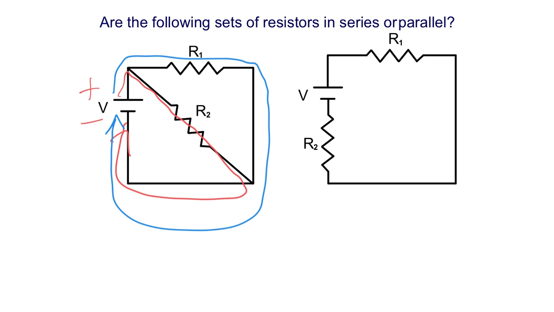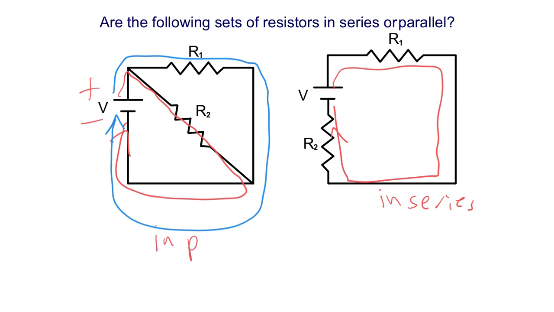All you have to do is find more than one. Okay, how about this one? Obviously the only path for the electrons to travel, or the conventional current to go, is that one. So this one's in series. Because this has alternate paths, the left one is in parallel. The resistors are wired in parallel.